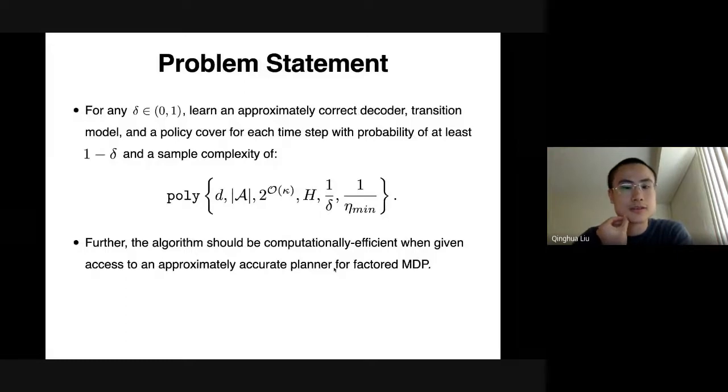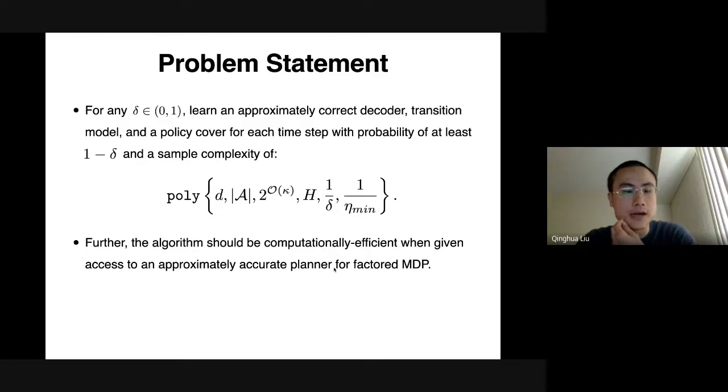Okay, so with all the setups, I can now introduce the formal guarantee of this work. Under all the assumptions made previously, we can run an approximately accurate decoder, a transition model, and a policy cover for each time step using a polynomial number of samples with high probability.